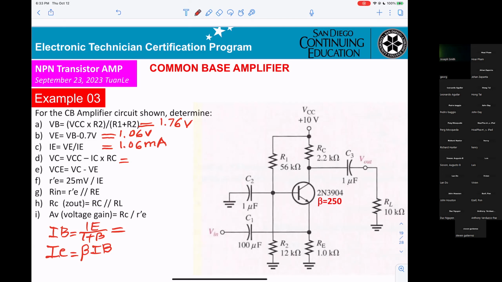What IB did you get? 4.22 microamp. Okay, IB is very small, 0.004 milliamp.